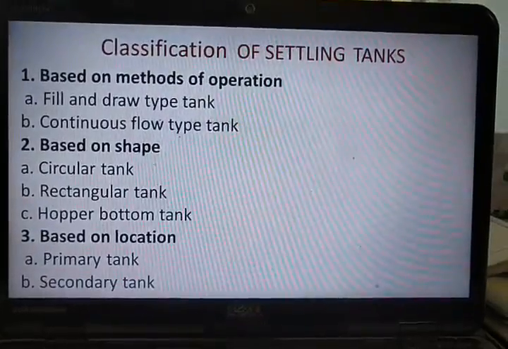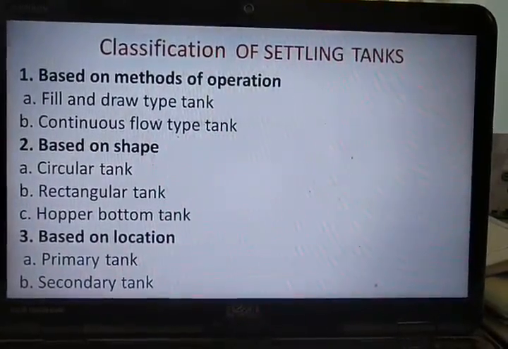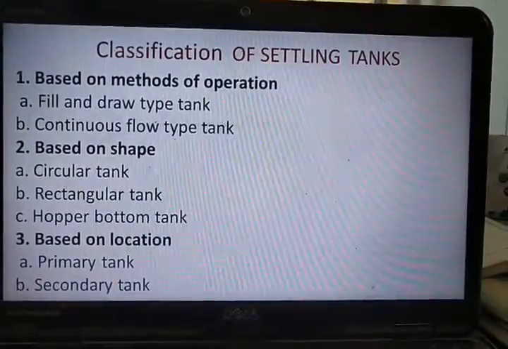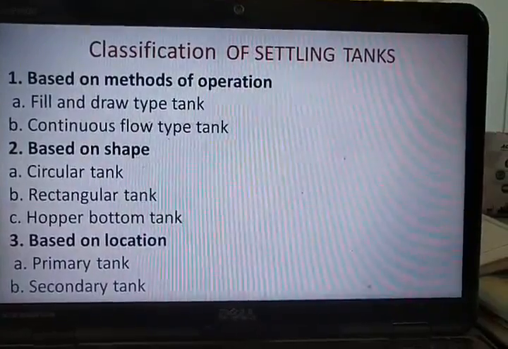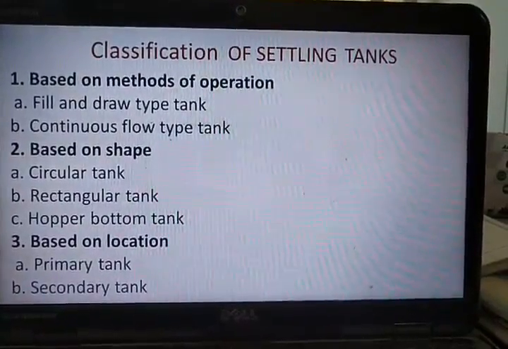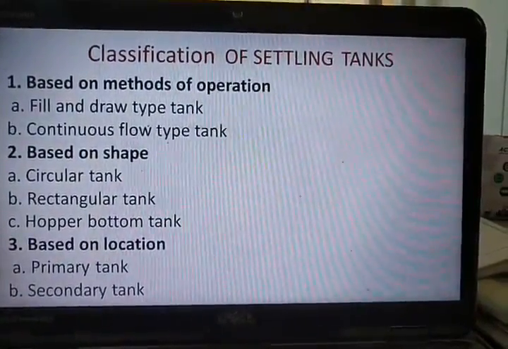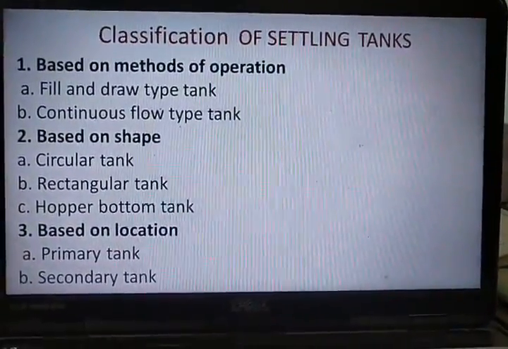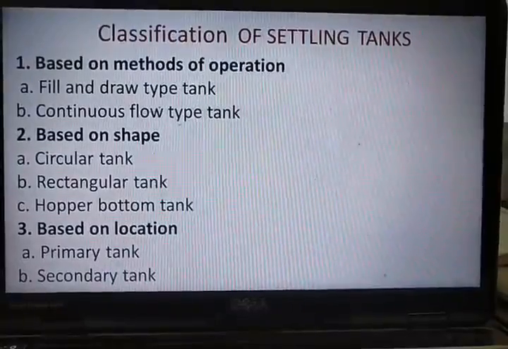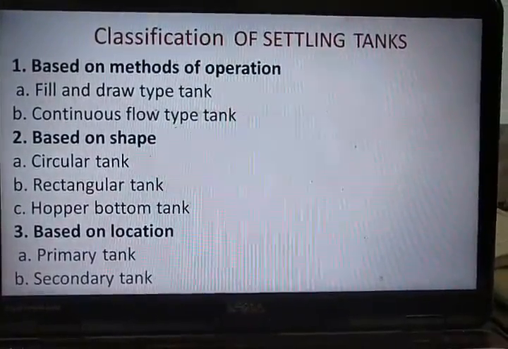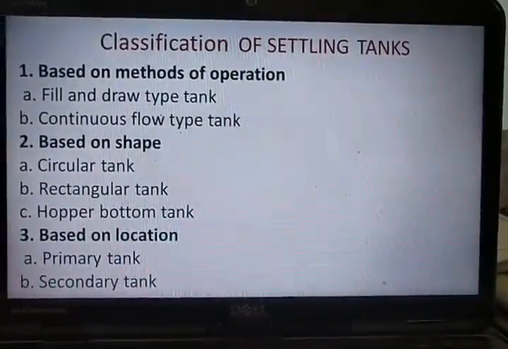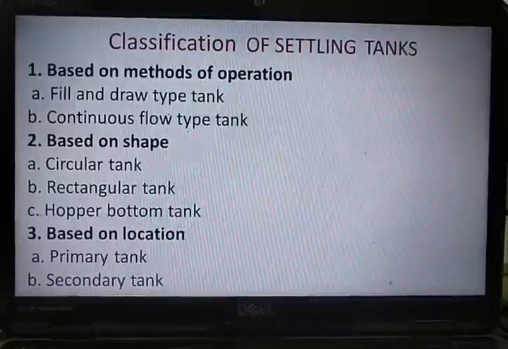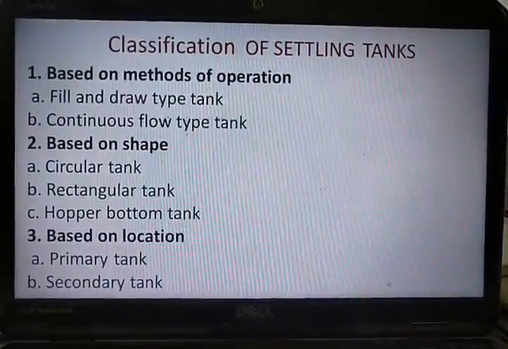Based on modes of operation, it can be classified as fill and draw type sedimentation tank and continuous flow sedimentation tank. Based on shape, it is classified into circular tank, rectangular tank, and hopper bottom tank. And based on the location, it is classified as primary tank and secondary tank, or primary sedimentation tank and secondary sedimentation tank.